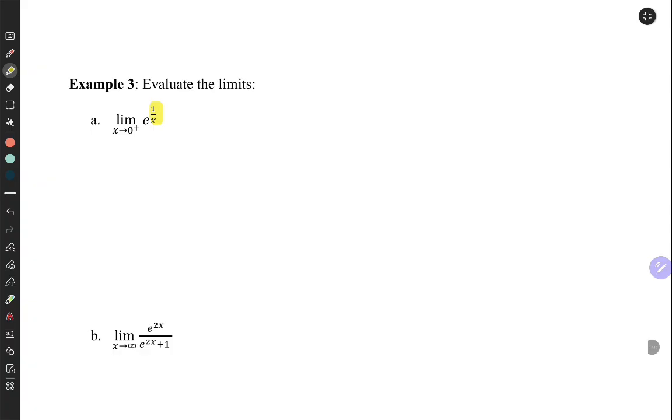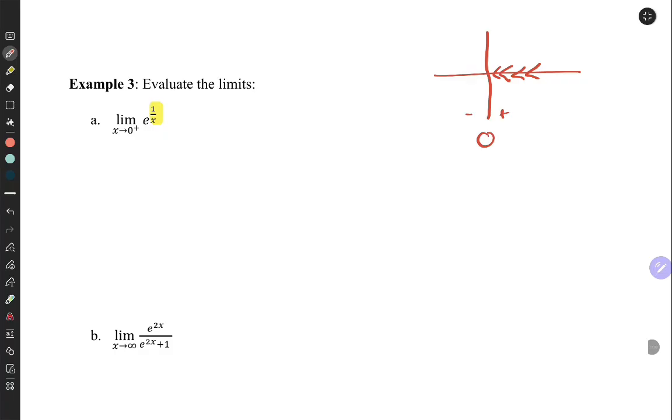Can you analyze 1 over x when x approaches 0 from the right? Zero is right here, x approaches 0 from the right, not the left.